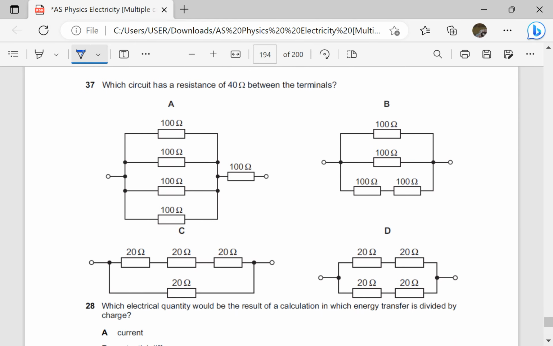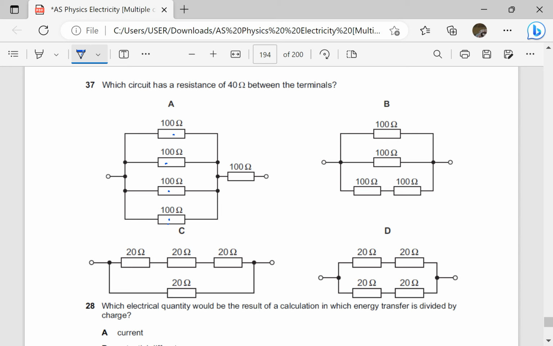Which circuit has a resistance of 40 ohms between the terminals? Let's inspect these circuits. So these ones are in parallel. If you're an expert by now, you don't waste much time finding total resistance of these ones in parallel.